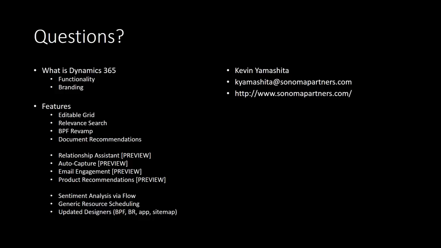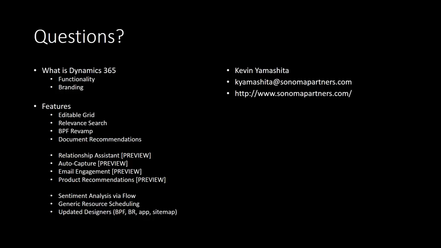All right, one question from the group. Oh, this is a good one, and this is one that I did not mention, so thank you for reminding me. Question is, of the features and functionality we talked about today, what is available for online versus on-prem? Okay. So the answer here is that a good number of the features that we saw are currently available for online only.